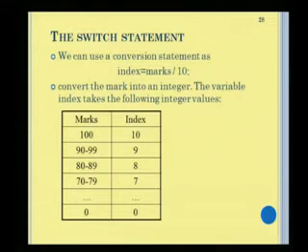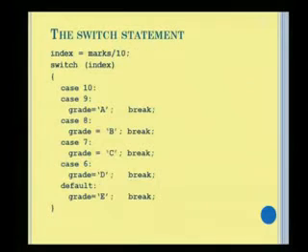Then 80 to 89, your index will be 8. 70 to 79, the index will be 7, and so on up to 0. If your marks are 30 to 39, you will fail. You can also mention the fail conditions in the index. These types of examples can be done by using switch statements.